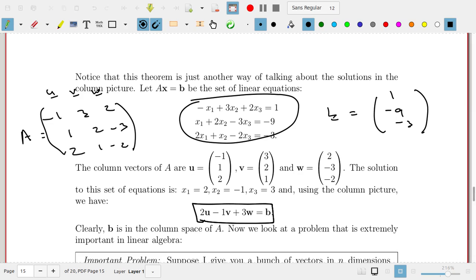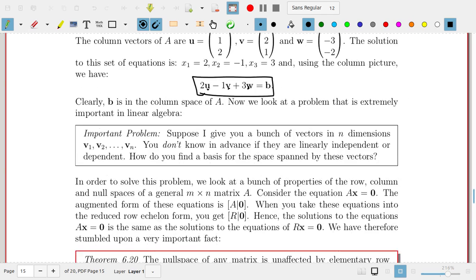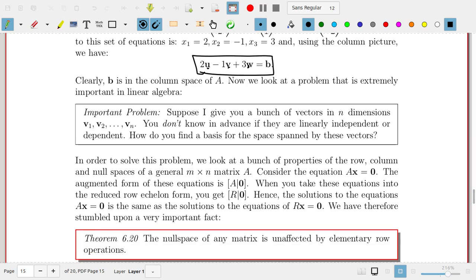So this is column 1, column 2, column 3. And if you recall, this is how you looked at the solution in the column picture.